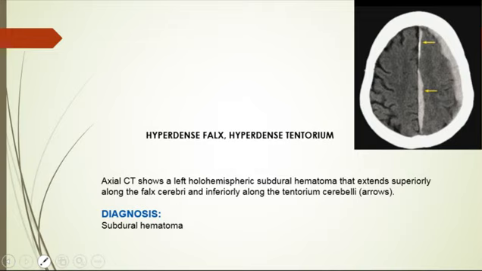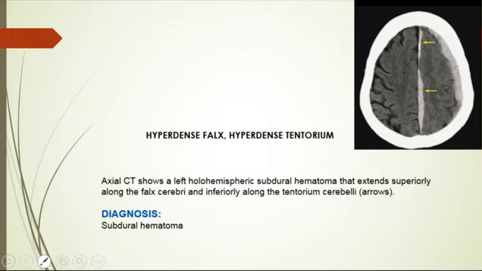CT shows left hemispheric subdural hematoma extending superiorly along the falx cerebri and inferiorly along the tentorium cerebelli. Okay? Indicating subdural hematoma or subdural hemorrhage, which are bleeds between the dura mater and the subarachnoid mater, caused by shearing stress on the bridging veins due to rotational and or linear forces, resulting in low pressure bleeds.